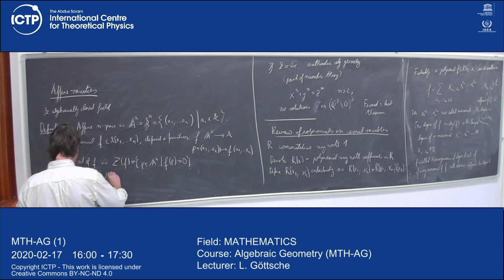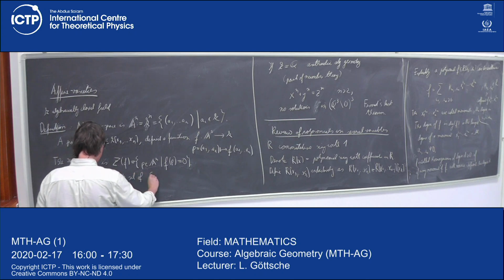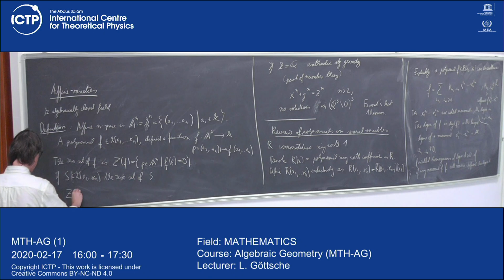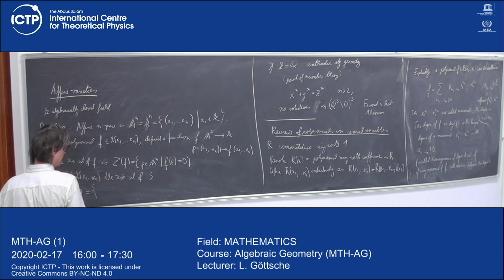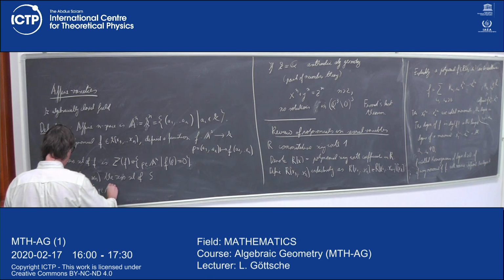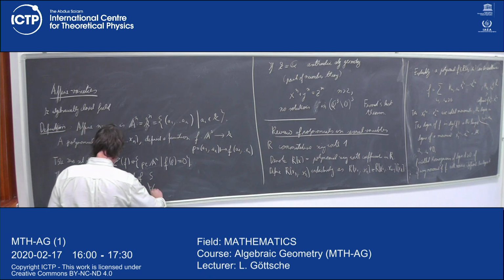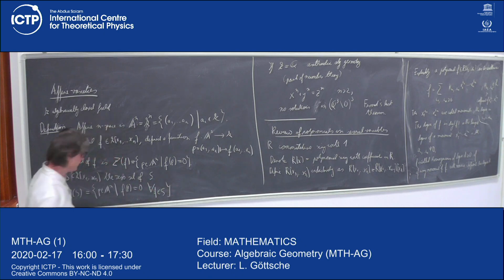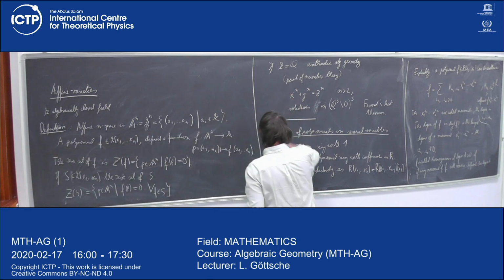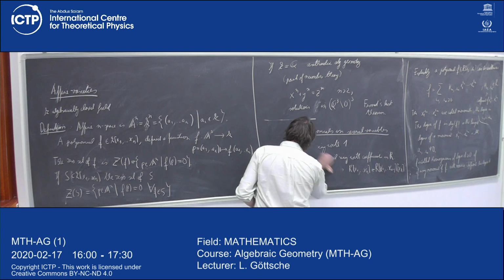The zero set is just Z of S. So it's the common zero set of all elements in S. So this is the set of all p in A^n such that f of p is equal to 0 for all f in S. Okay? So one can, if you want, look at the simultaneous solution of a number of polynomial equations. And these are the sets we want to consider. The set of this form is called an affine algebraic set.